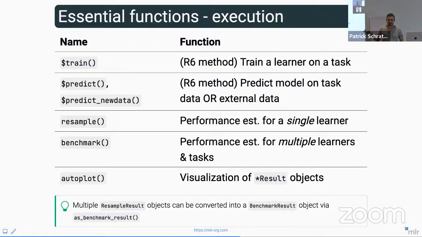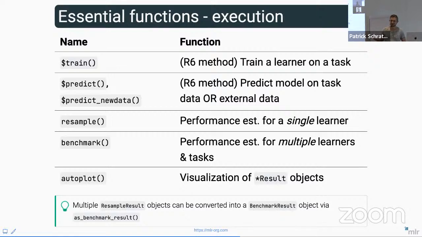Then you have resample and benchmark, which are more or less doing the same thing. Resample, possibly using nested cross-validation, is for a single learner, or for multiple learners and tasks, you use benchmark. If you have started out using resample and have created a resample result, and you think, now I have this one thing, it took me quite some time, but I actually want to do multiple learners, multiple tasks, how do I have to do it again?